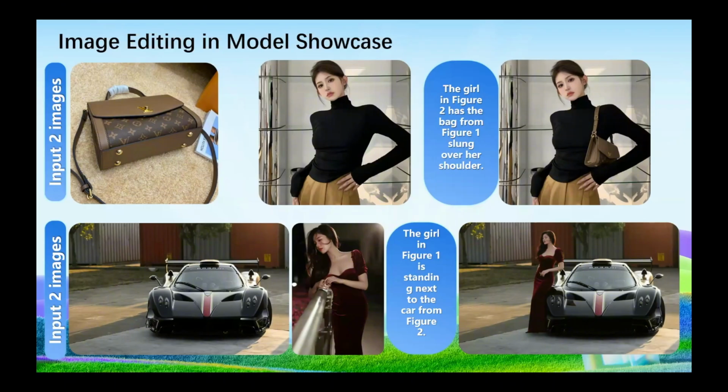We take two inputs, a luxury bag and a model, and simulate her wearing it: how it hangs on her shoulder, how the fabric drapes, and how light reflects off the leather. Or we combine a supercar and a woman and simulate her standing beside it, leaning casually, framed by the environment, not pasted in, but placed as if she belongs there.